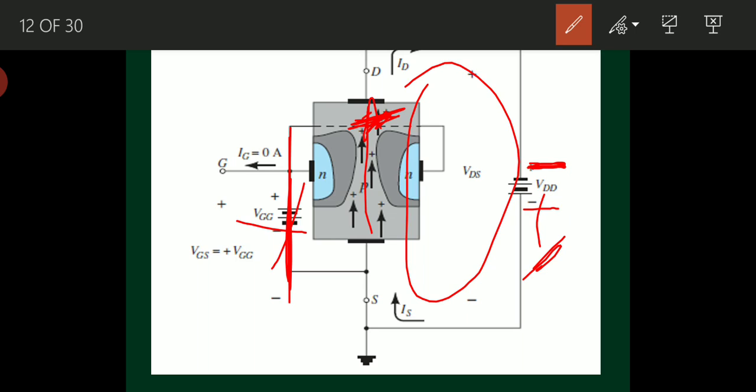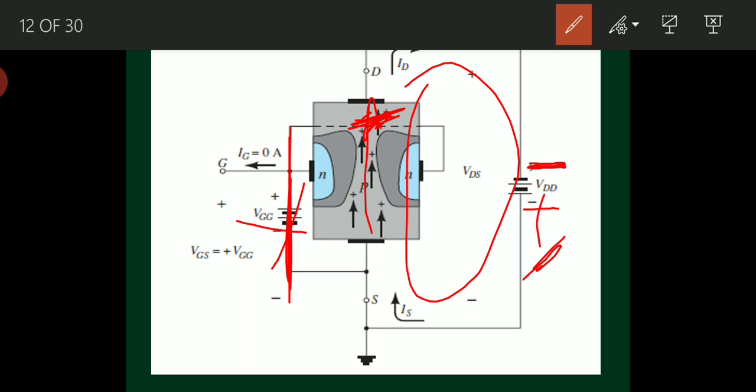If holes move from source to drain, the current direction is also from source to drain. If electrons move from source to drain, then the current direction is from drain to source.